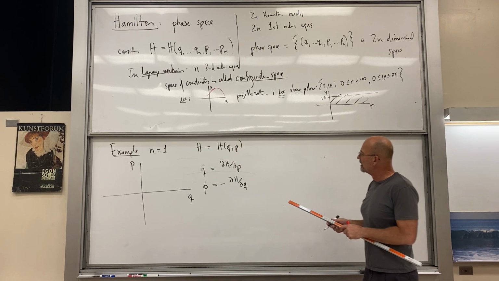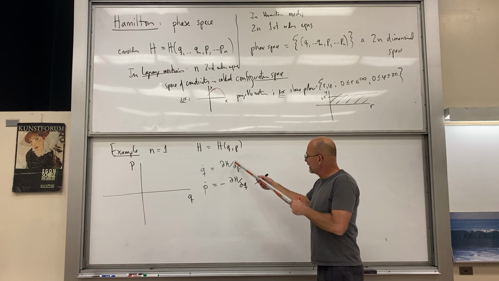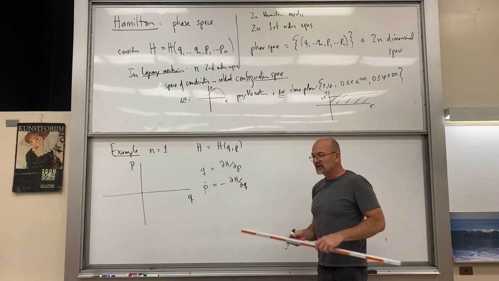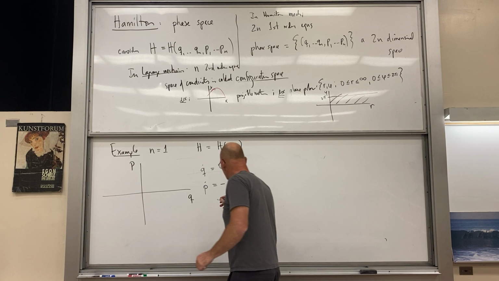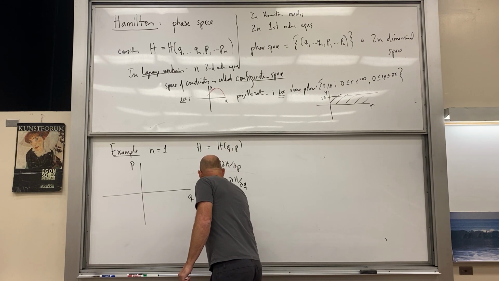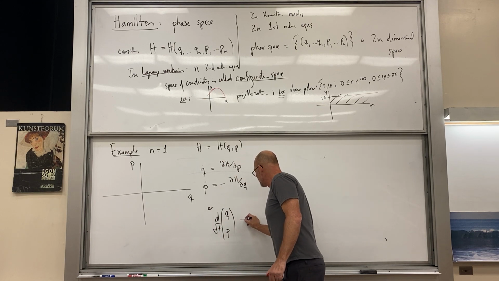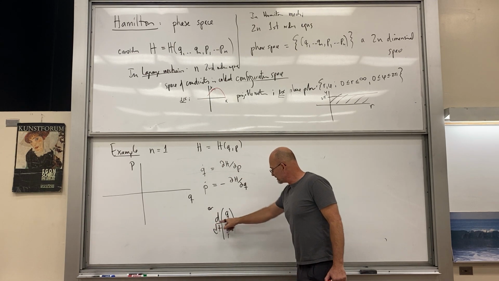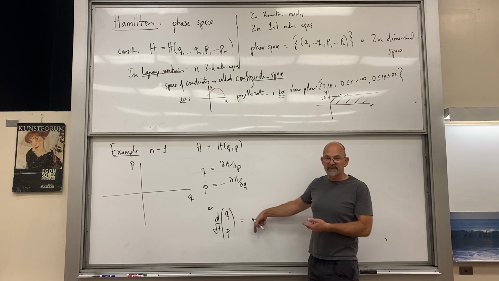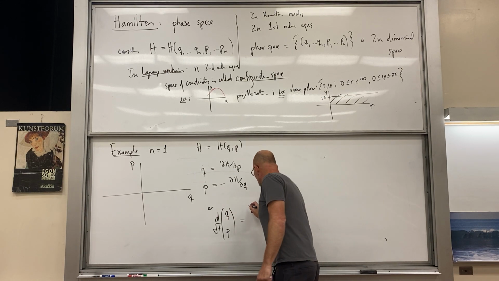Now, what's interesting here, we're just looking at them separately, but we could also imagine putting them together, and we would have d over dt of a vector is equal to, well, if the left side's a vector, the right side must also be a vector.